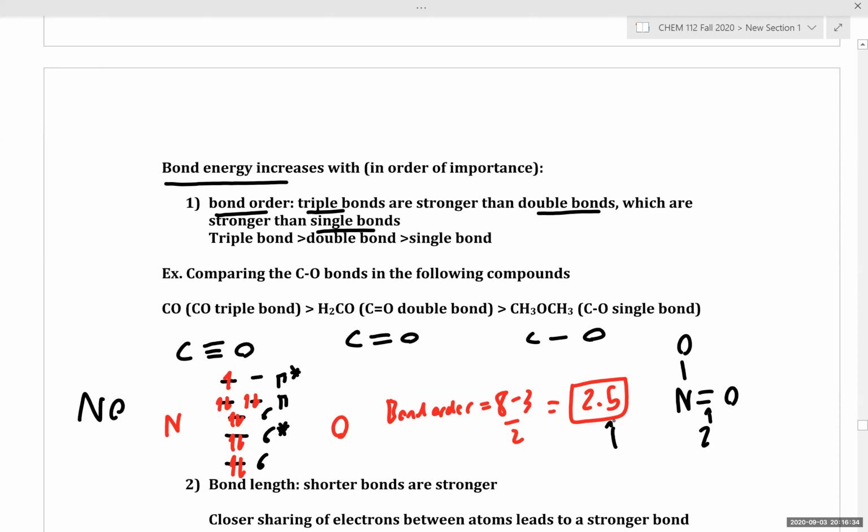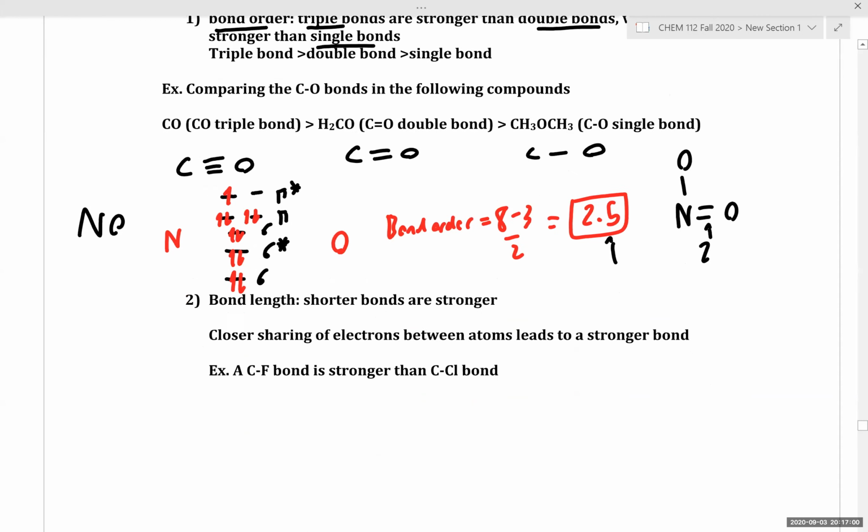Which bond is stronger? 2.5, right? Yep, exactly right. The larger your bond order, the stronger your bond, and the more energy is required to break that bond. Okay. This idea of fractional bond order will come up when we start talking about resonance.